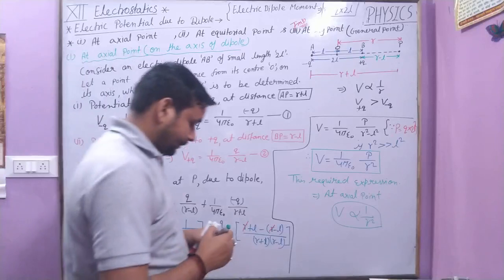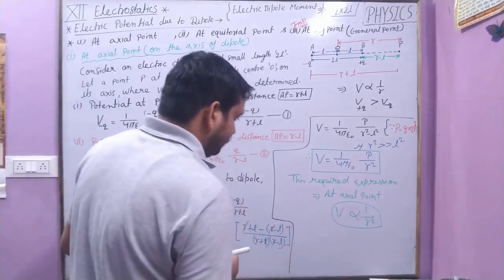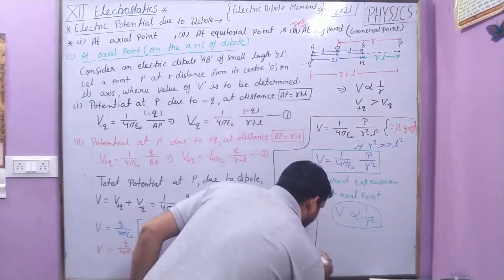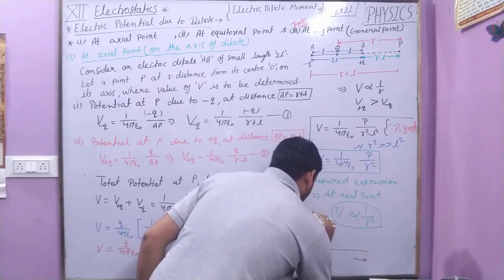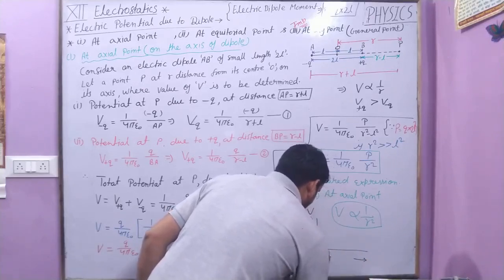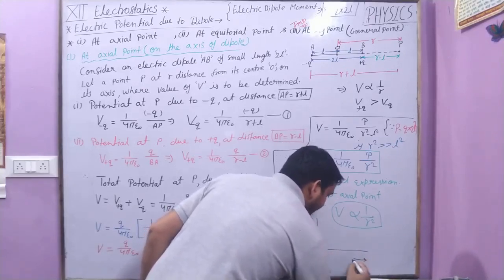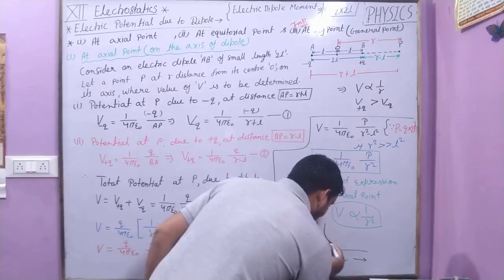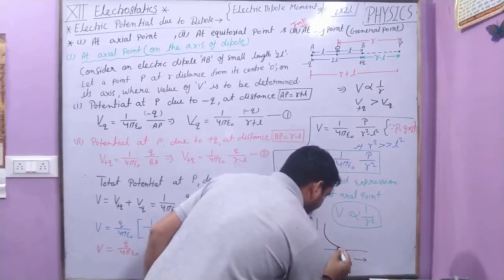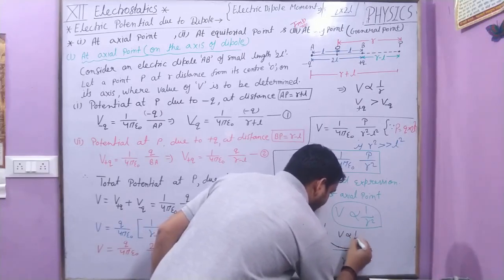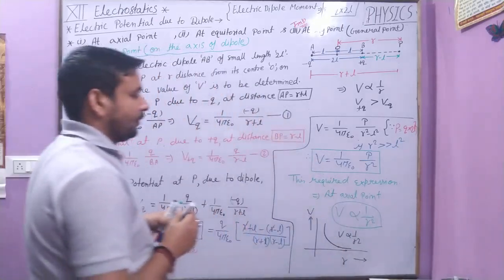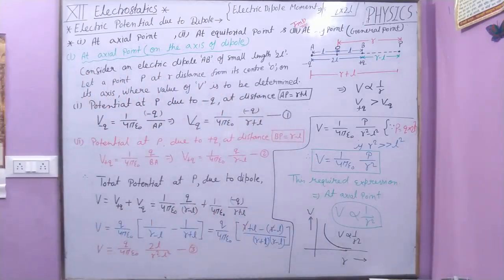That means the graph due to a dipole for potential and distance is like the electric field due to a point charge. Just note it down.